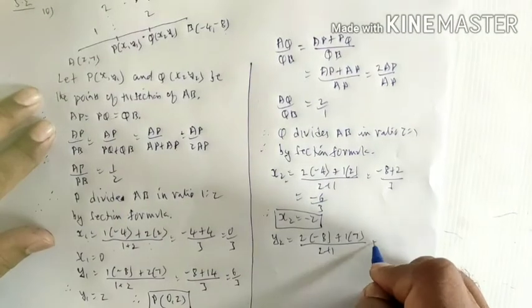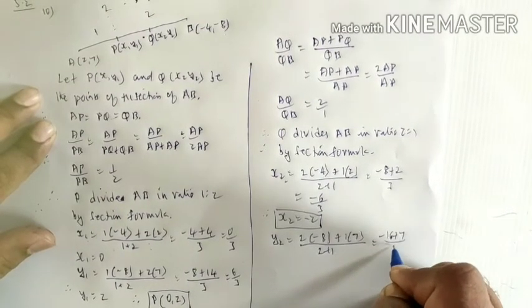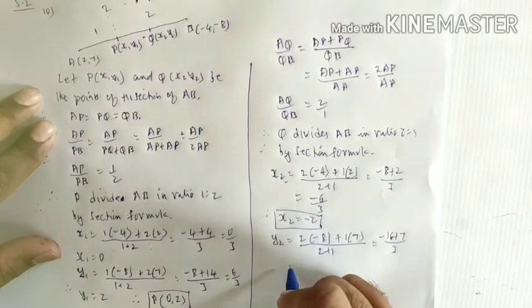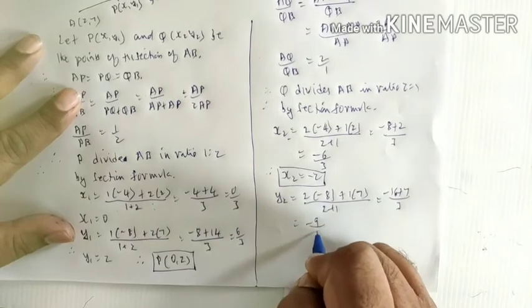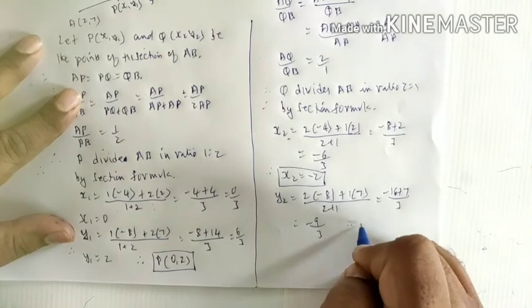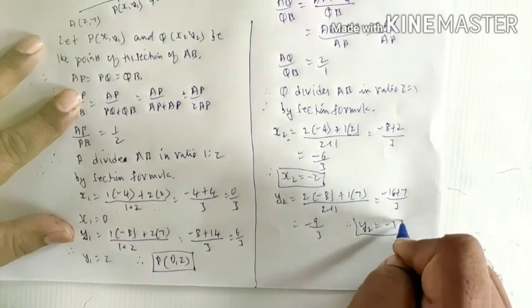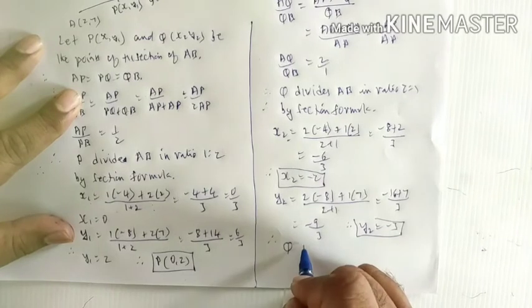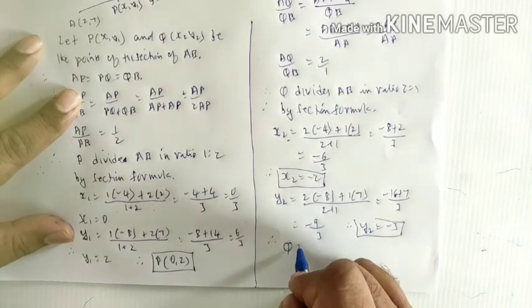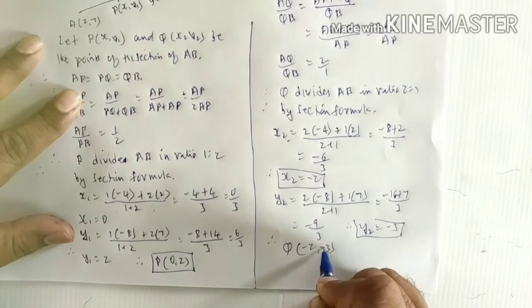It is equal to -16 plus 7 upon 3. 7 minus 16 is how much? 7 minus 16 is minus 9 upon 3. Therefore, we get y2 is equal to minus 3. Therefore, what are the coordinates of Q? Coordinates of Q we are getting minus 2 comma minus 3.